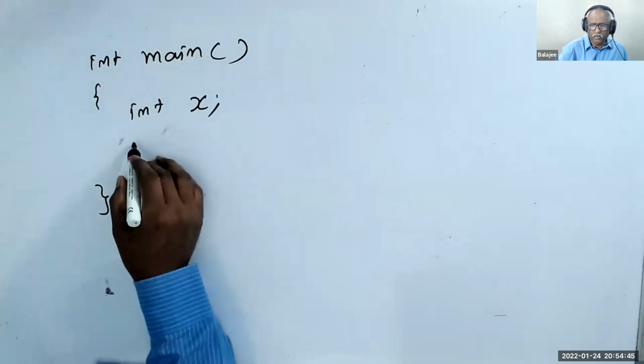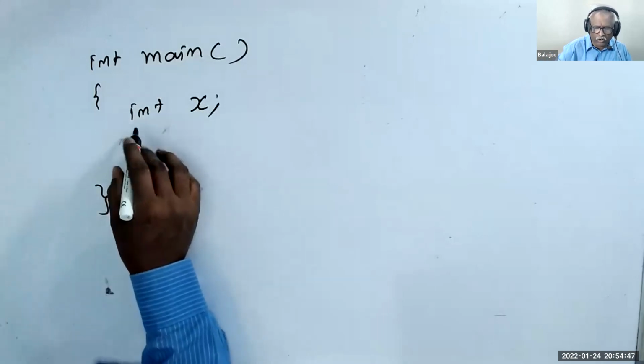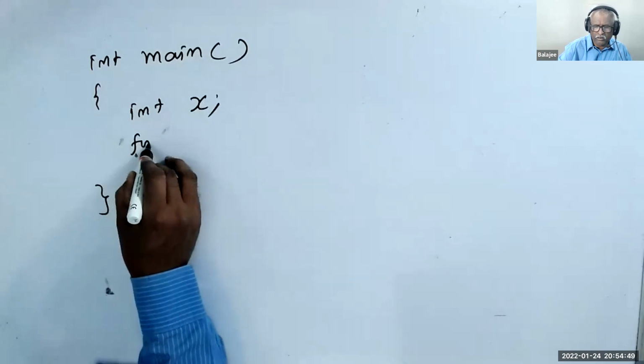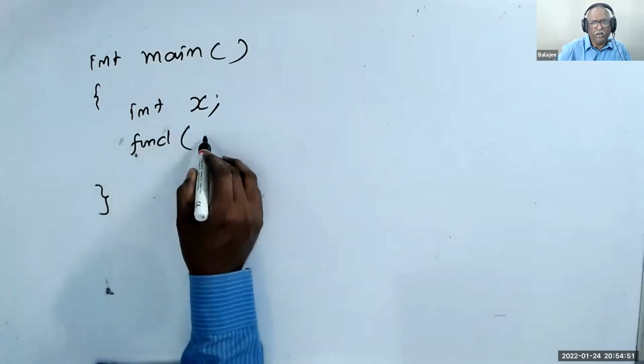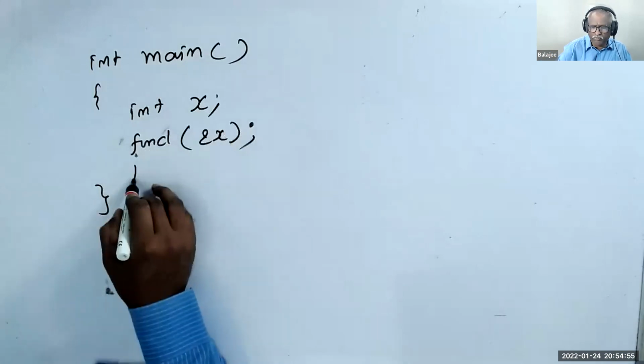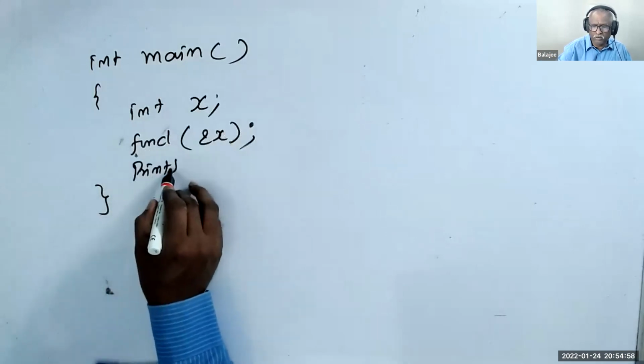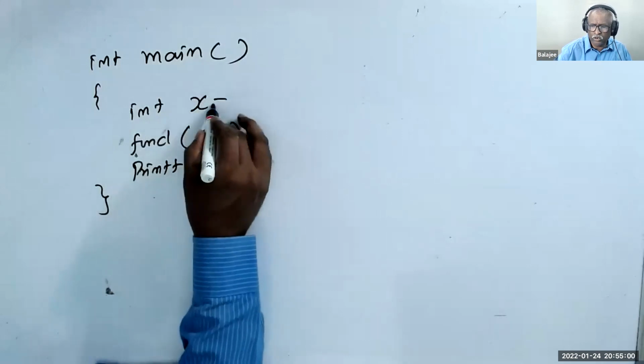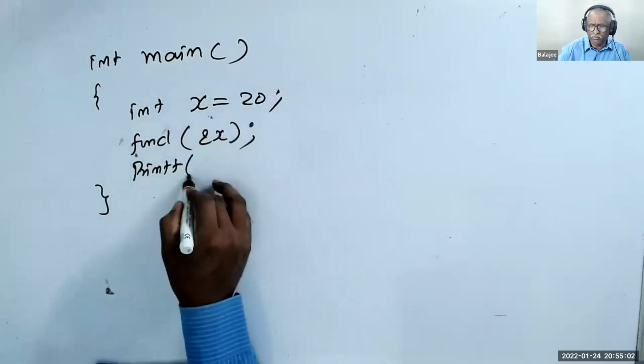And I use a small thing called function 1, and I'm passing x. I say printf. I put x is equal to 20. Printf.